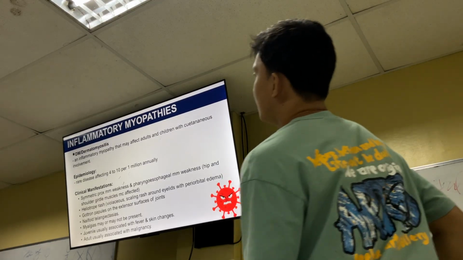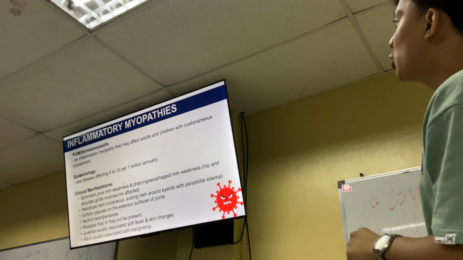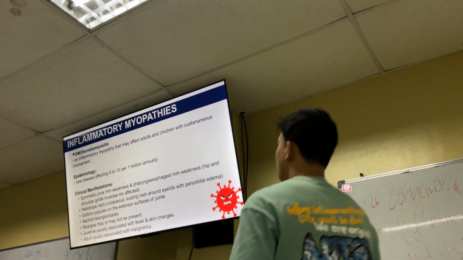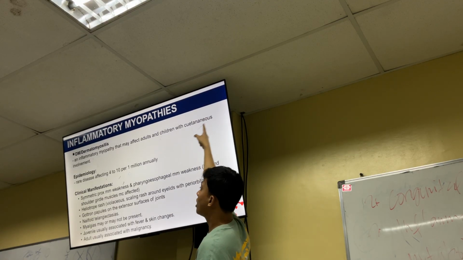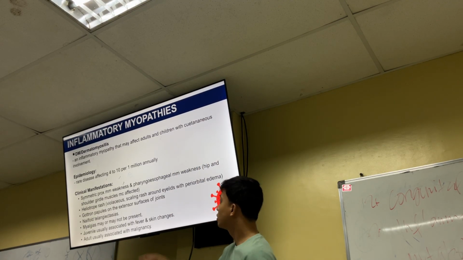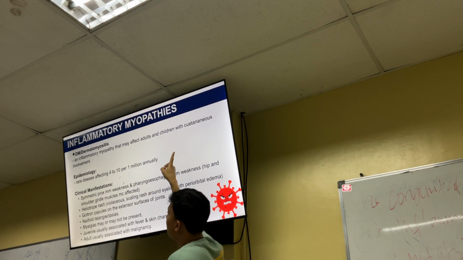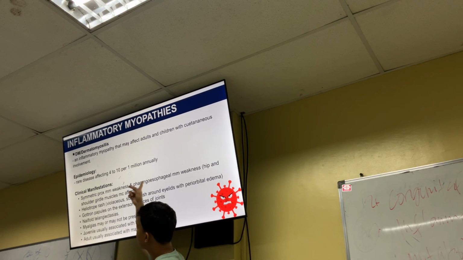Dermatomyositis. An inflammatory myopathy that may affect adults and children with cutaneous involvement. This is adult and children. Dermatomyositis is just an inflammatory myopathy with involvement of the cutaneous or skin. Manifestations here are still proximal muscle weakness, but there is heliotrope rash, Gottron papules, and nail fold telangiectasia.